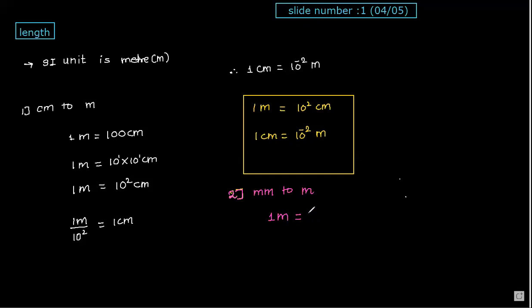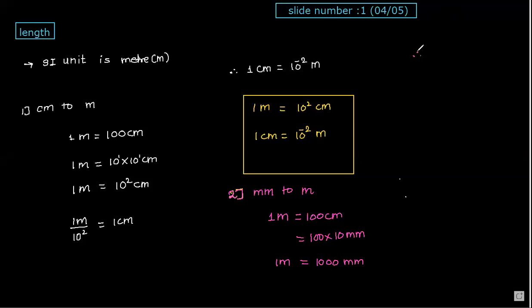See, 1 meter is equal to 100 centimeter, and this is equal to 100 into, this 1 centimeter is equal to 10 millimeter. Right? So this is equal to how much now? 1000 millimeter. Okay, 1 meter is equal to 1000 millimeter.